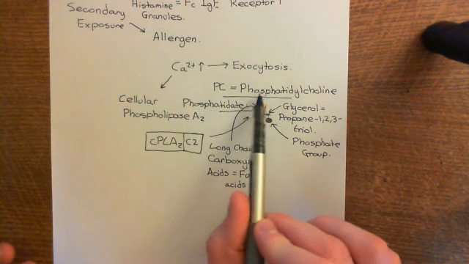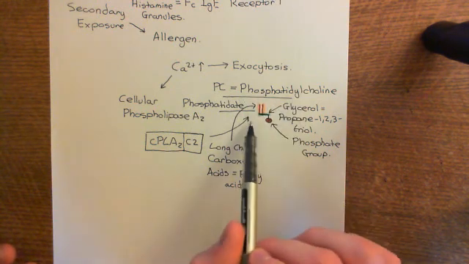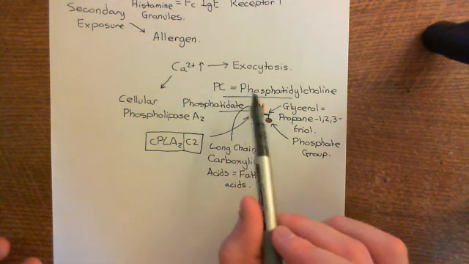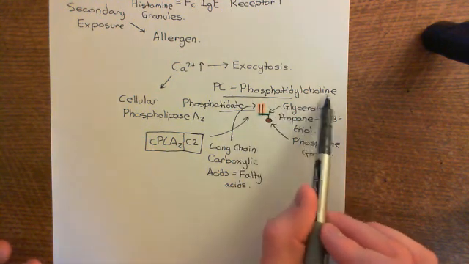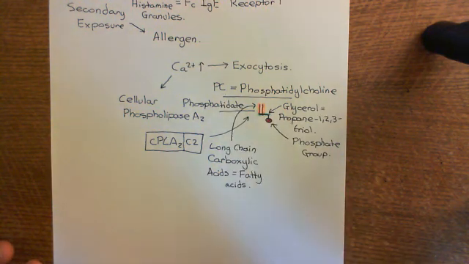So in phosphatidylcholine, phosphatidyl refers to this normal old boring phospholipid structure. All you're going to do is bind a choline molecule onto phosphatidate to create phosphatidylcholine. Let me just show you the structure of choline.